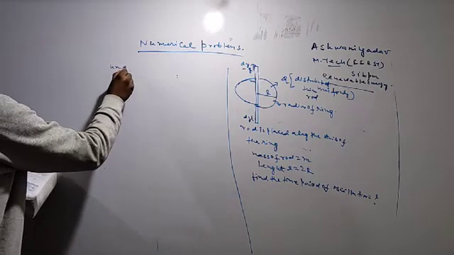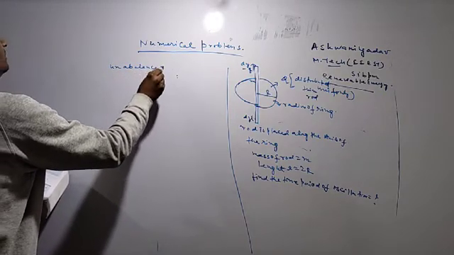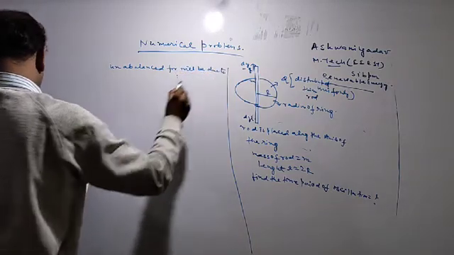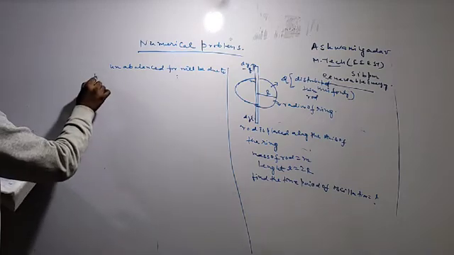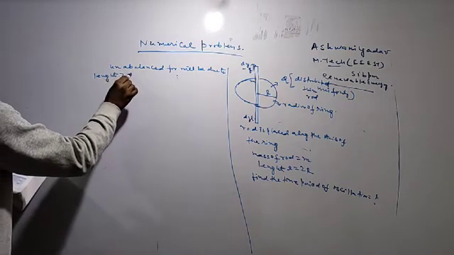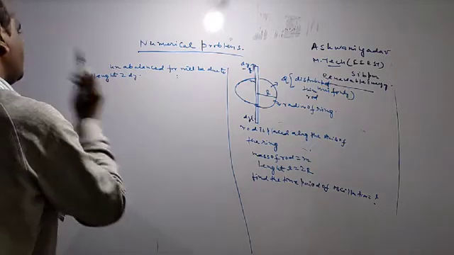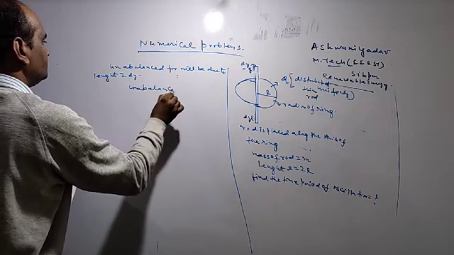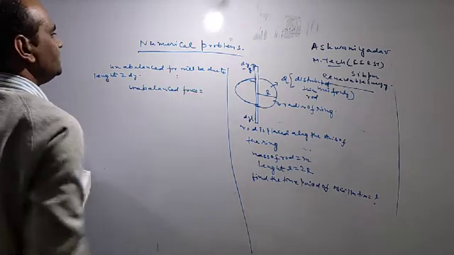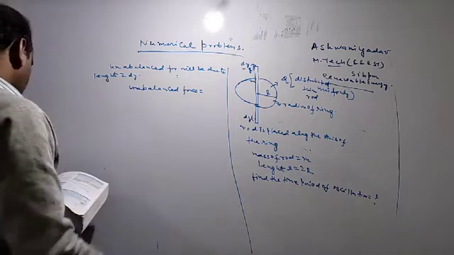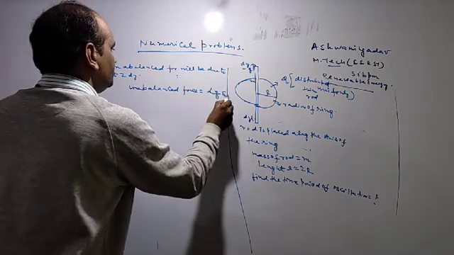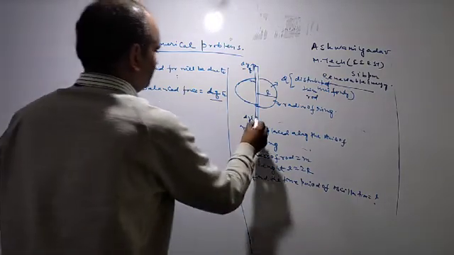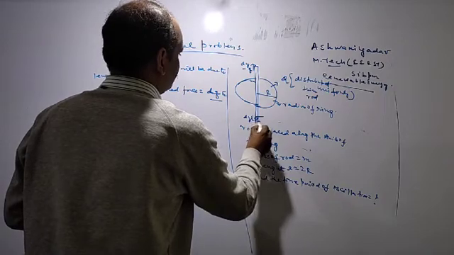Now, I have already told you that the unbalanced force will be due to length 2 dy. Hence, unbalanced force is equal to dq into E. This length, I say dq.